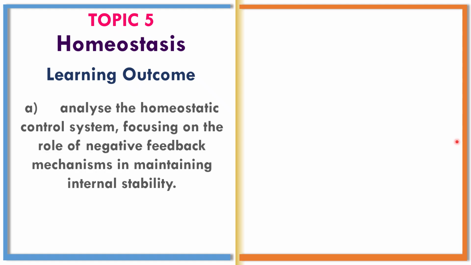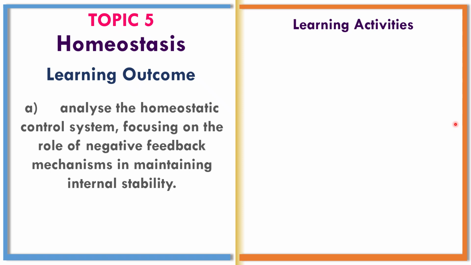Our learning outcome A: Analyze the homeostatic control system, focusing on the role of negative feedback mechanism in maintaining internal stability.